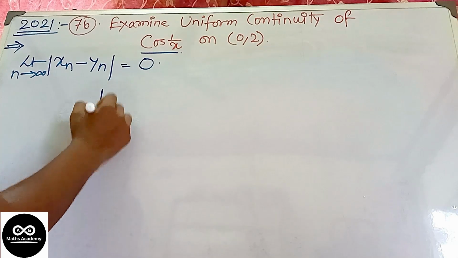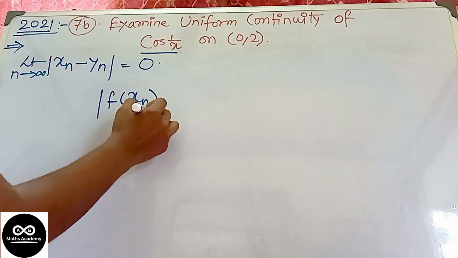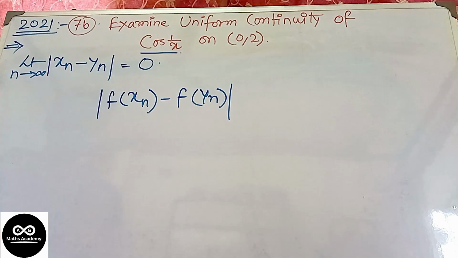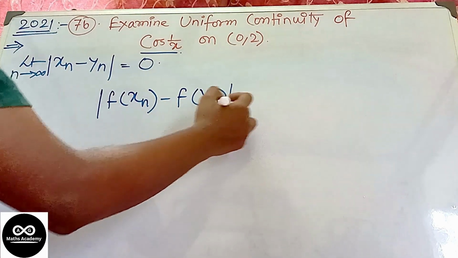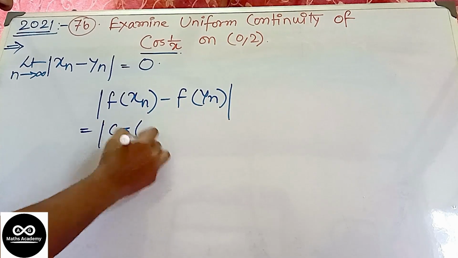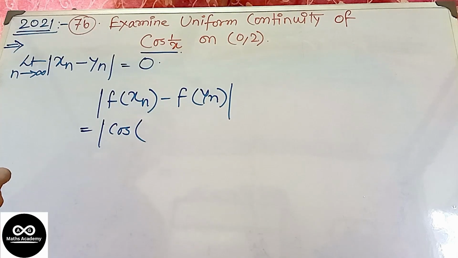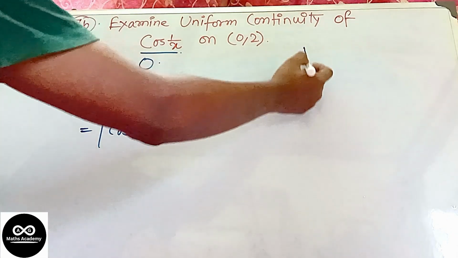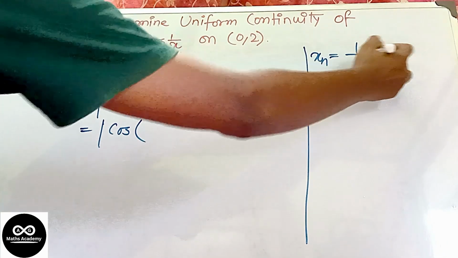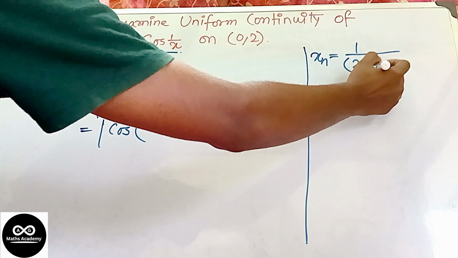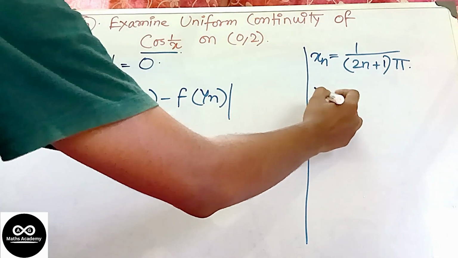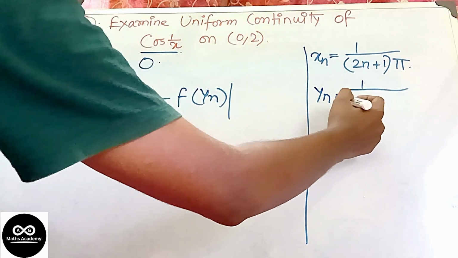Now we will try to find the value of |f(xn) - f(yn)|. We have taken that xn is equal to 1 by (2n+1)pi and the sequence yn is equal to 1 by (2n+2)pi.